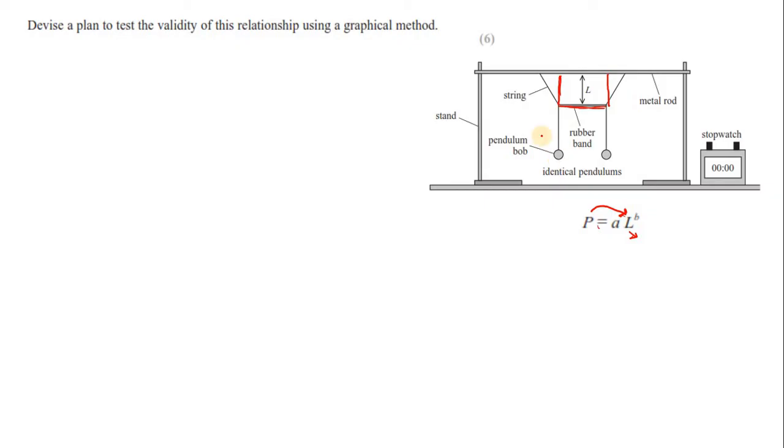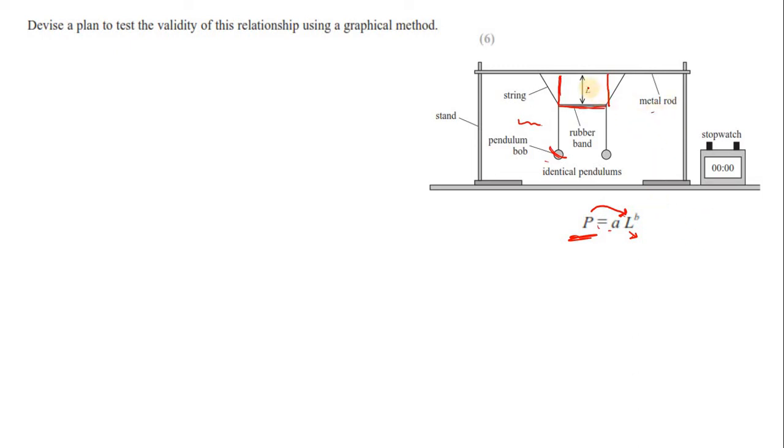First we need to make sure that the pendulum is oscillating in a line, not a wavy motion left and right. Once we are sure that the pendulums are oscillating in the right way, we start the stopwatch and measure the time, whether from the first pendulum or the second pendulum. We measure the time period P from 0 to maximum and maximum to 0, and then we repeat it for the same given length and use the mean value.